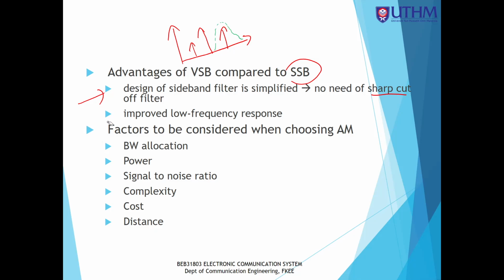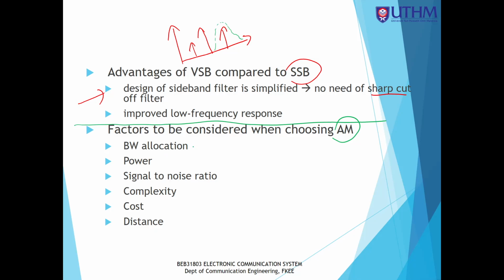And then what? This one: factors to be considered when choosing AM. When you want to choose either double sideband full carrier, suppressed carrier, single sideband or vestigial sideband, how do you choose? Which one is better? It depends on the kind of application and its requirements.